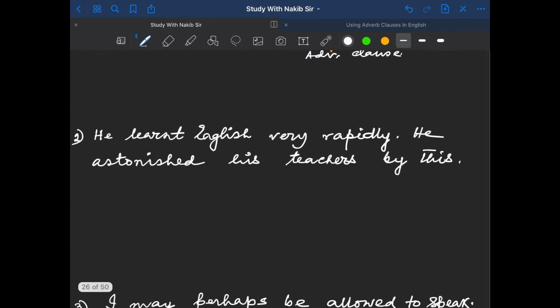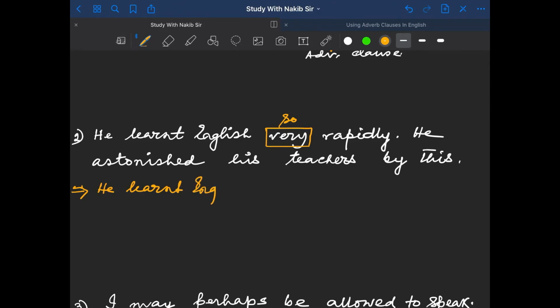Okay. Now question number 2. He learnt English very rapidly. So you know it very well. Very, when you get very, it will turn into so, right?